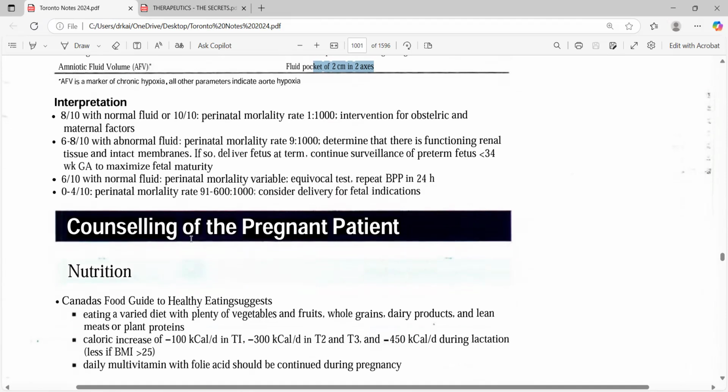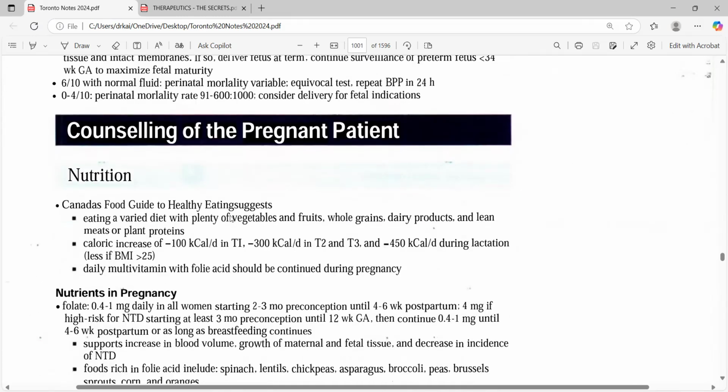So they can ask you, by giving you the BPP, what is the next step that you will do. You have to calculate the numbers, and from their numbers, you can decide what you have to do. If it's 4 or less than 4, in that case, you have to do the delivery.